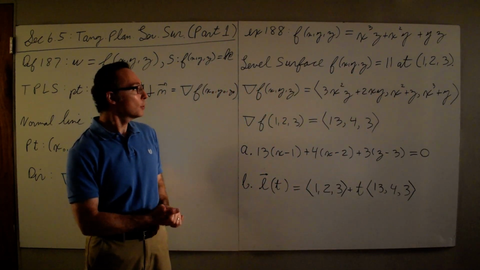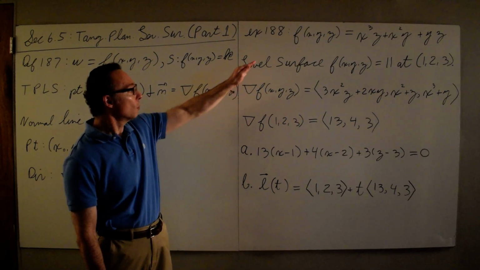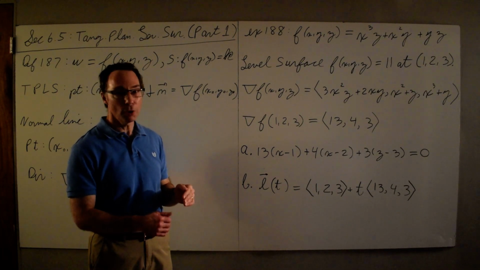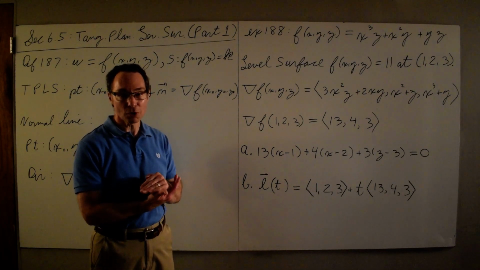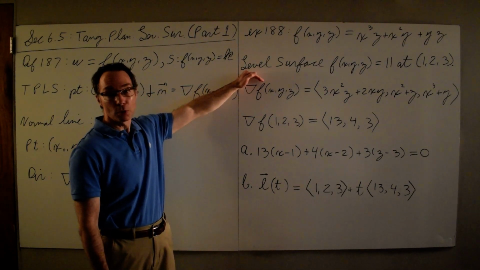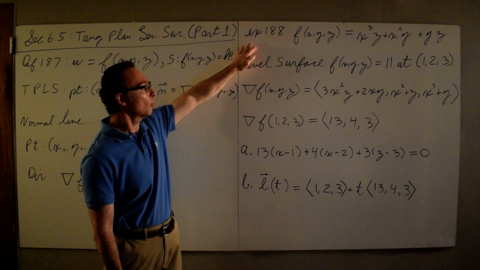And we're concentrating on the point 1, 2, 3. If you substitute 1, 2, 3 in for f, you get 11. What we're doing is taking this graph and slicing it at 11, and this gives us a three-dimensional surface. The graph is four-dimensional because it's a function of three variables.